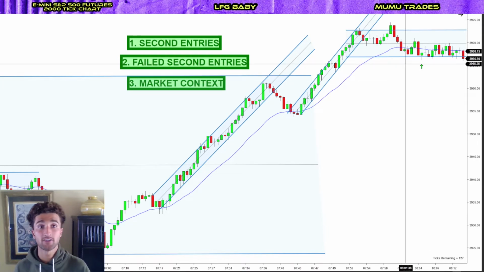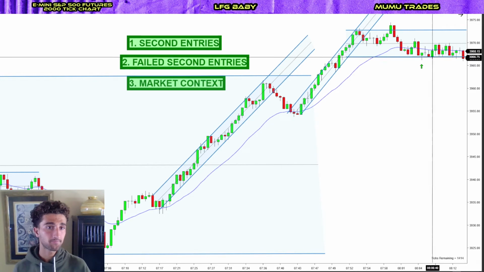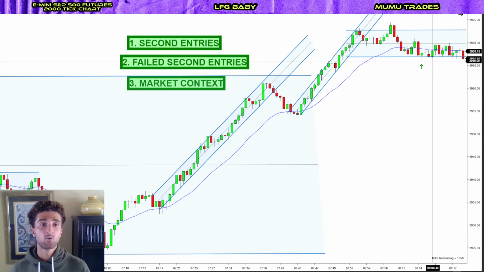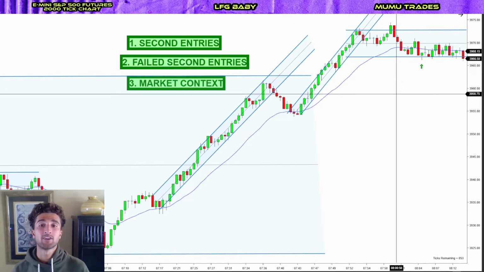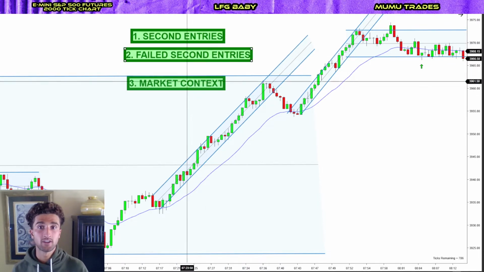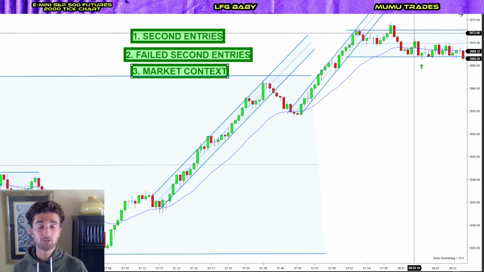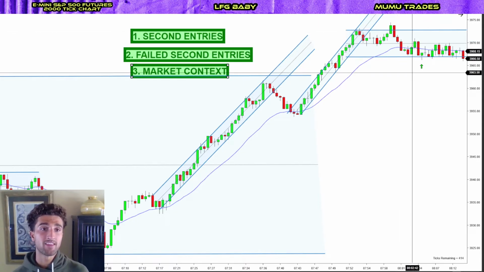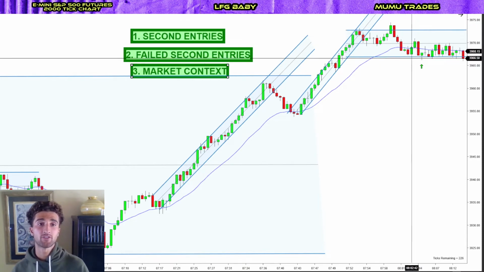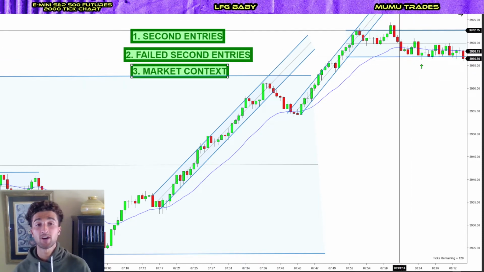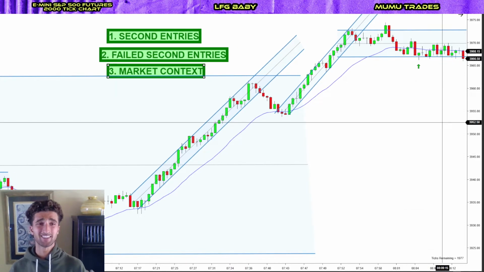A failed breakout is kind of what happened here, but it's basically once we go below this trading range and we have either a second entry long, or if we went out of the top of the trading range, a second entry short, with a nice signal bar going the other way, signaling we might go to the opposite side of the trading range, we can look for a trade.